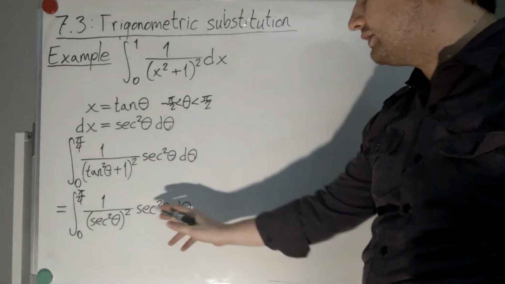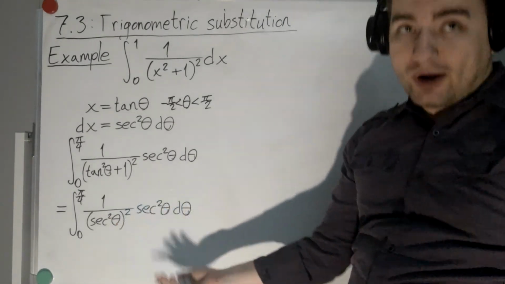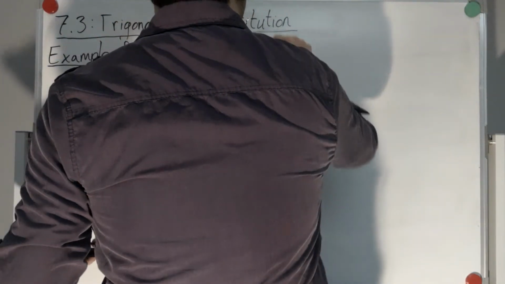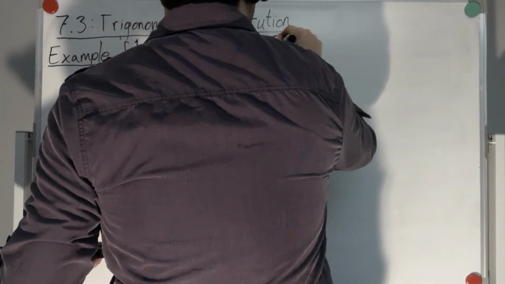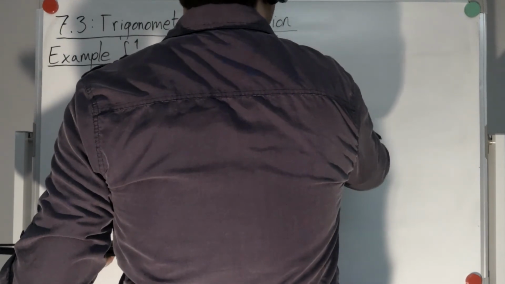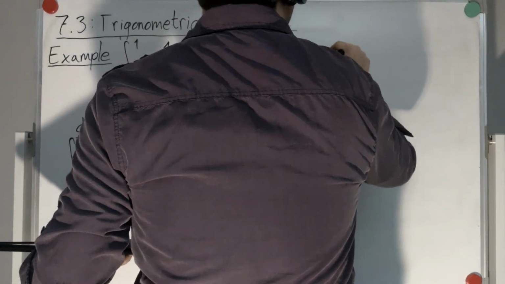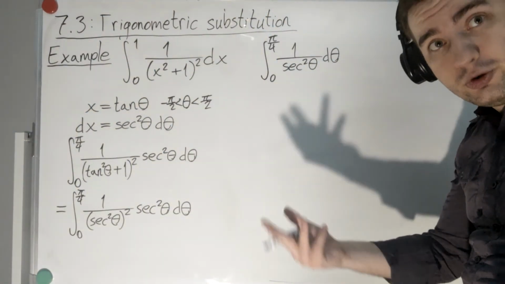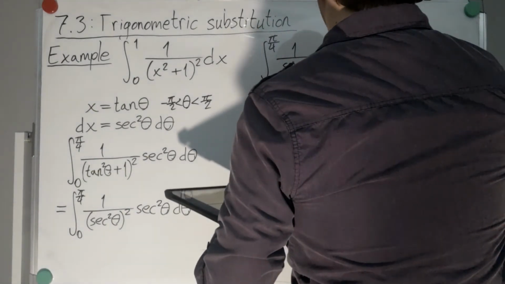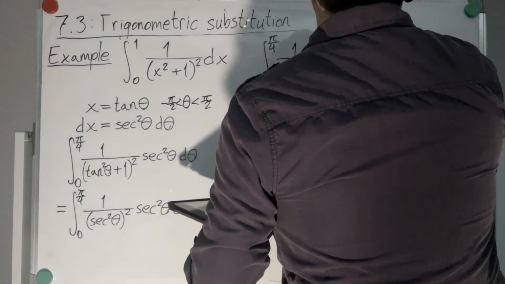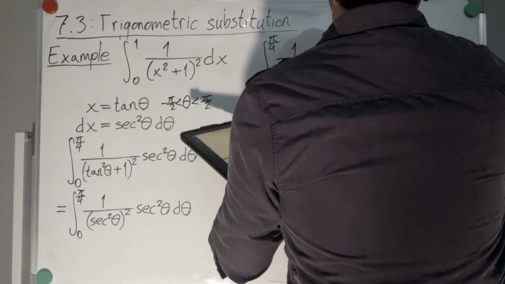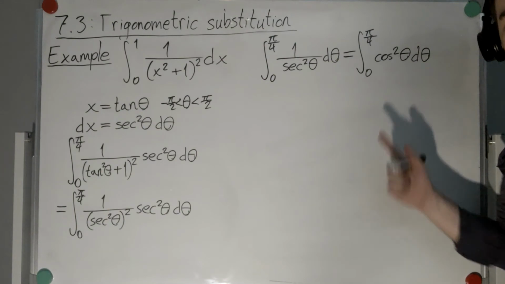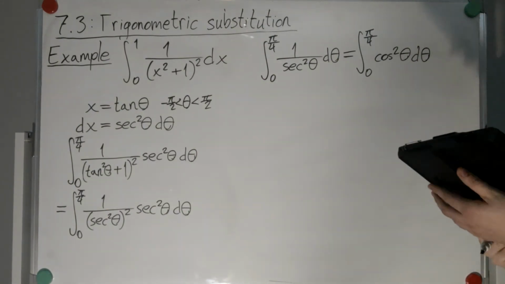Now, of course, secant squared divided by secant squared squared is 1 over secant squared. So this is the integral from 0 to pi over 4 of 1 over secant squared theta d theta, which, as we know, secant theta is just the same as 1 over cosine theta. So that means that this is the same as the integral from 0 to pi over 4 of cosine squared theta d theta. Oh, we actually already dealt with that today, didn't we?